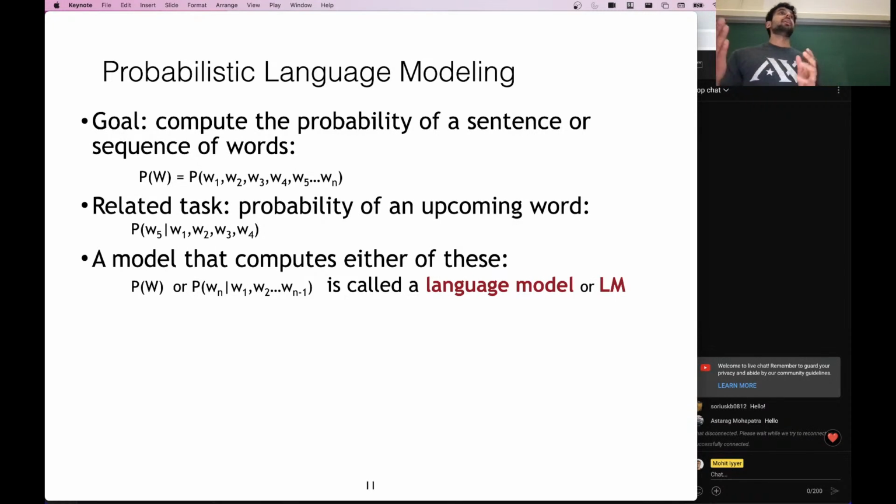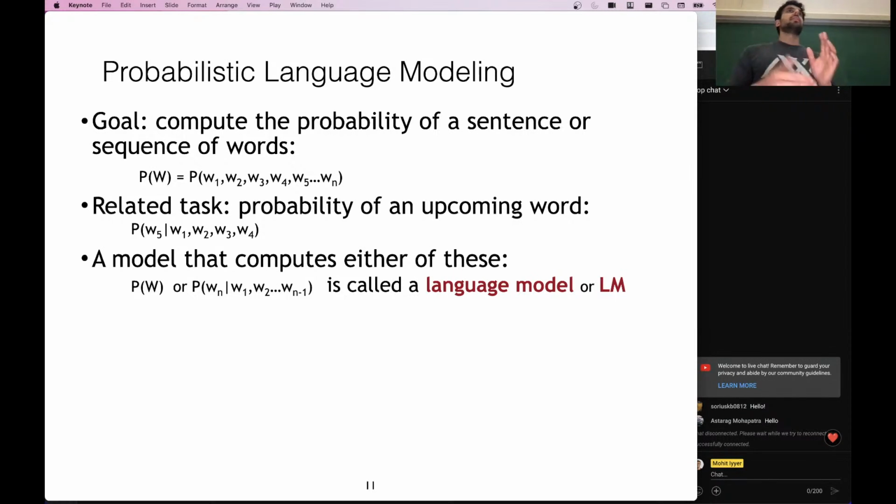However, you quickly run into problems of sparsity. If n is very large, you might not ever observe any sentences or sequences that have those exact words in that order. And so maybe this is not a good approach to computing or estimating a language model.